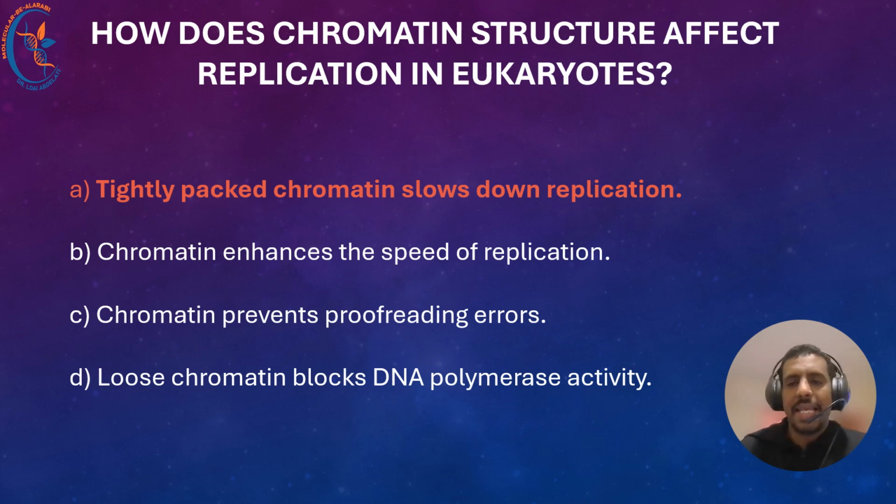Which can make DNA less accessible to the replication machinery. So, before replication can occur, chromatin must be partially unwrapped to allow the replication machinery to access the DNA. So, the correct answer is tightly packed chromatin slows down replication. All right. Let's move to the next question.